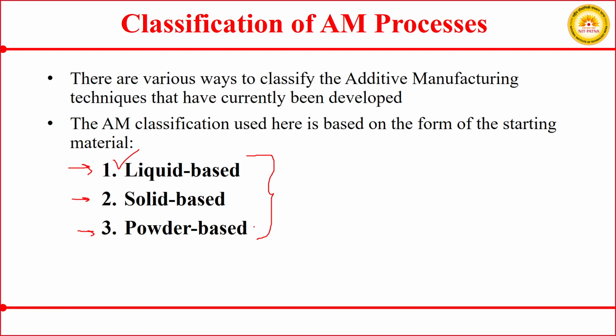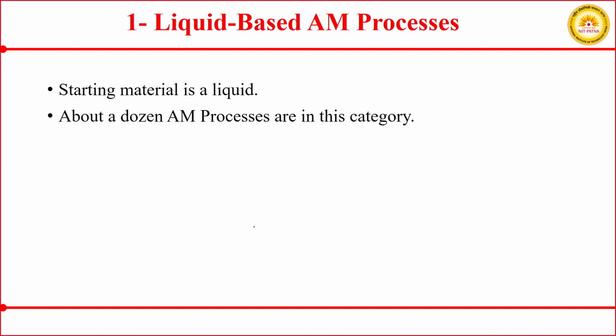Depending upon the starting material, we have classified these AM processes. As I have told, in liquid based AM processes, the starting material is a liquid, and there are a number of techniques available in this category.